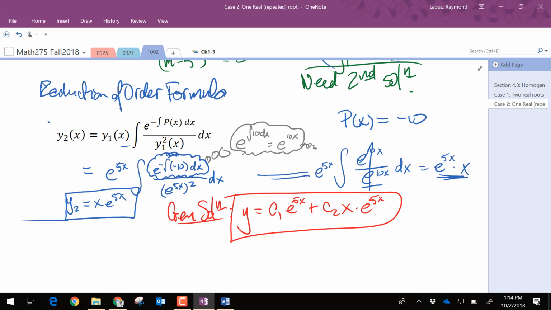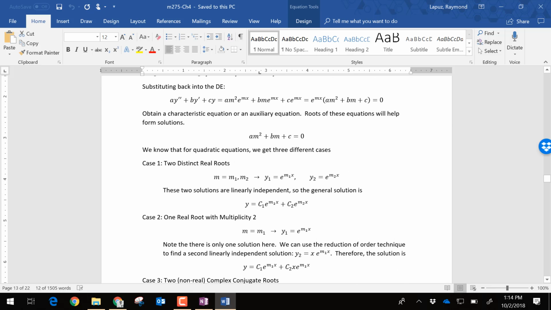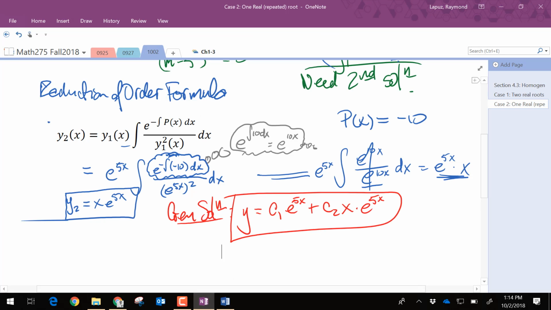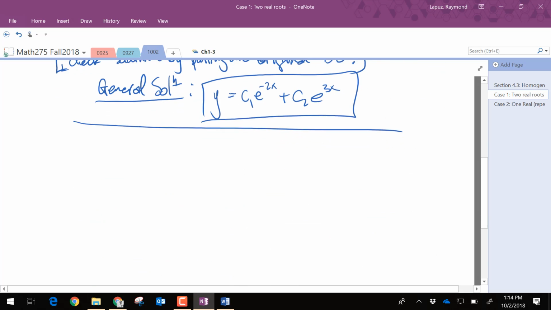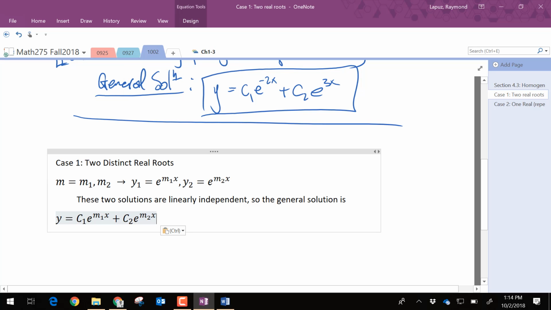So to summarize the first two cases in nicer writing, if you have two distinct real roots, then your solutions would just be those roots being multiplied as part of the exponential function.